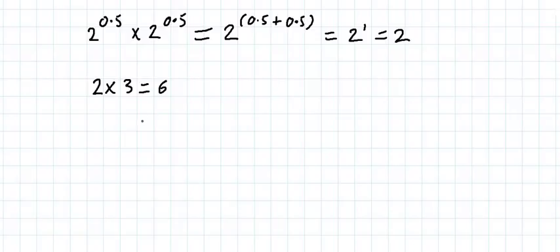With square roots, we're asking the question the other way round. We're given the answer, and then we're asking what number, when you multiply it by itself, gives you the answer. In this case, obviously the answer is going to be 3, because 3 times 3 equals 9.